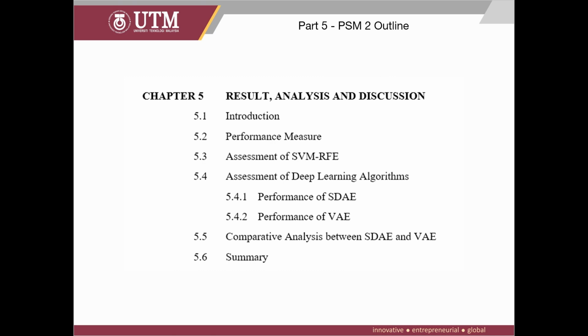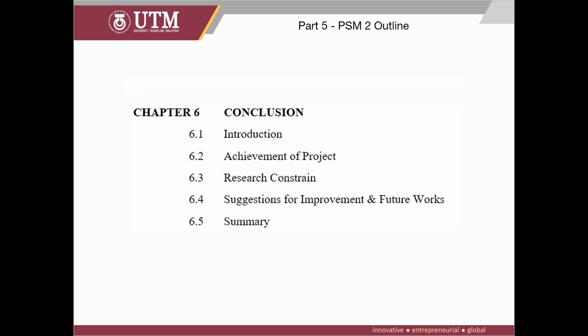I will check the performance of SDAE and VAE, and then later I will compare the result obtained between SDAE and VAE. For chapter 6, I will include the achievement of my project, and also the research constraints that I have faced during the implementation of the code. And lastly, I will also provide suggestions for improvement and future works for future researchers.